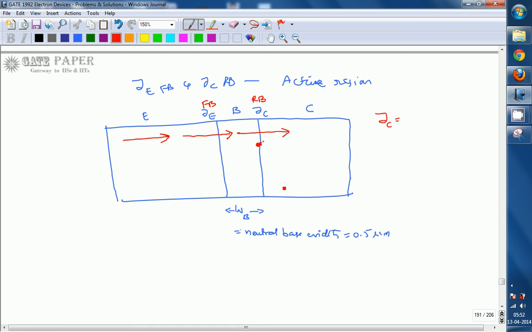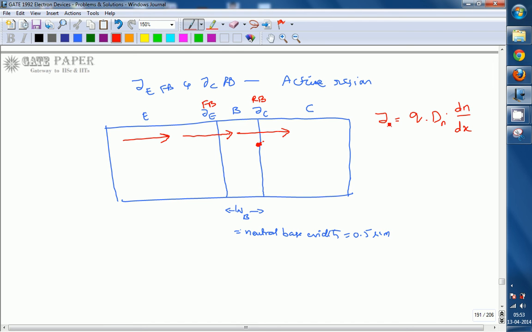So the collector current density depends on the diffusion current density of the emitter base junction, so we can write the equation as JC equal to Q times DN times dN by dx.